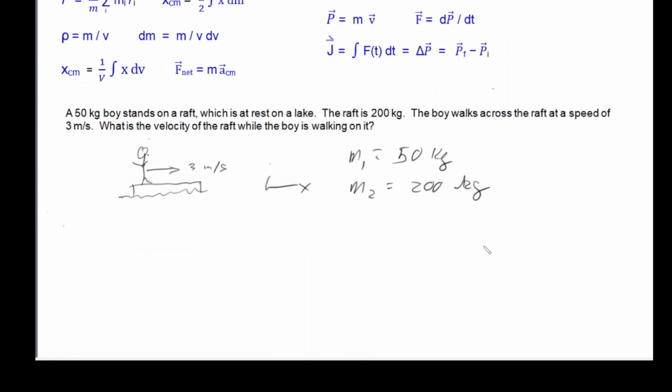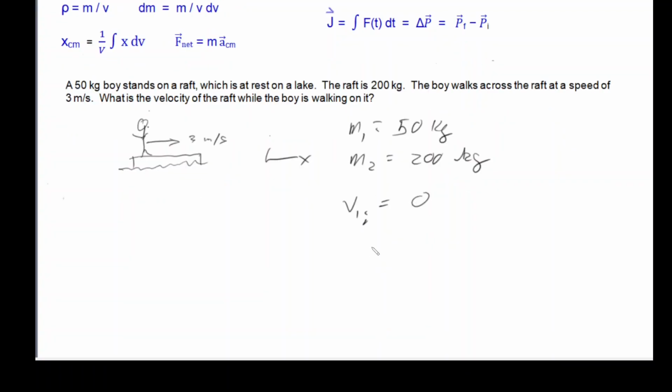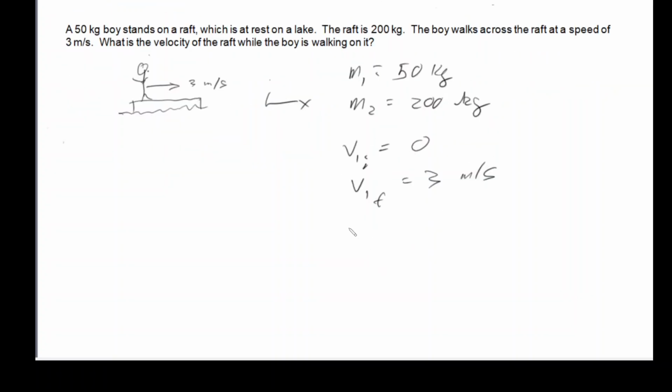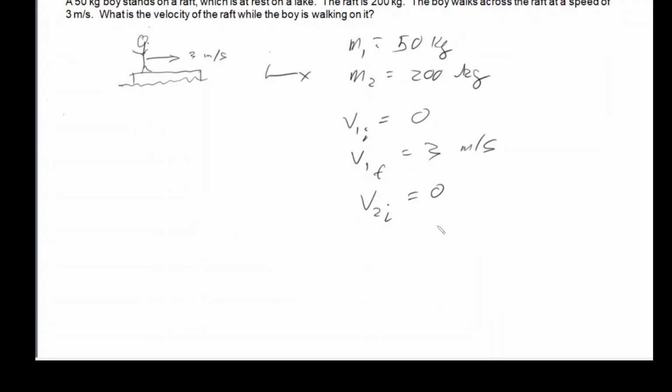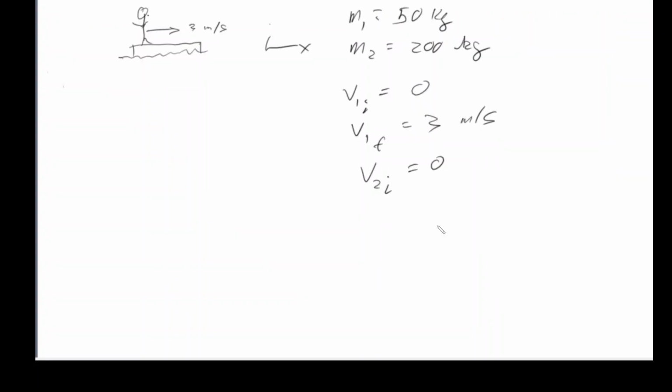The velocity initially of the boy, mass 1, he starts at rest, so that's 0. His final velocity is equal to 3 meters per second. We know the velocity initially of the raft, velocity 2, is 0. And we don't know what the final velocity of the raft is.